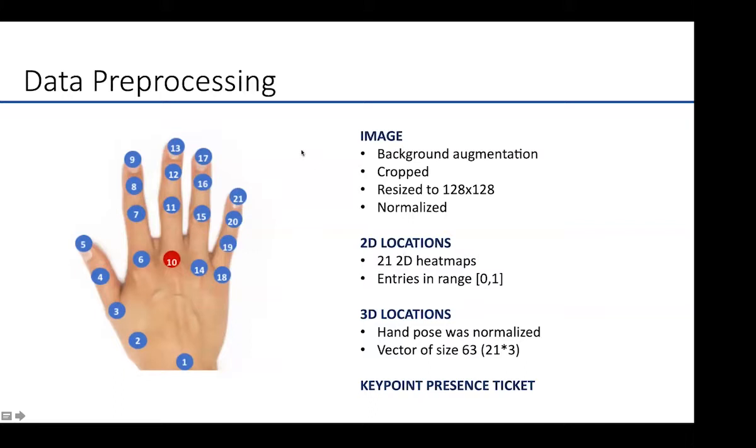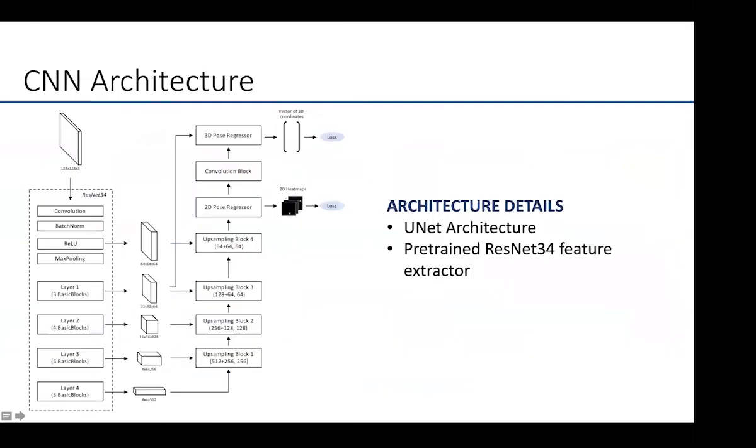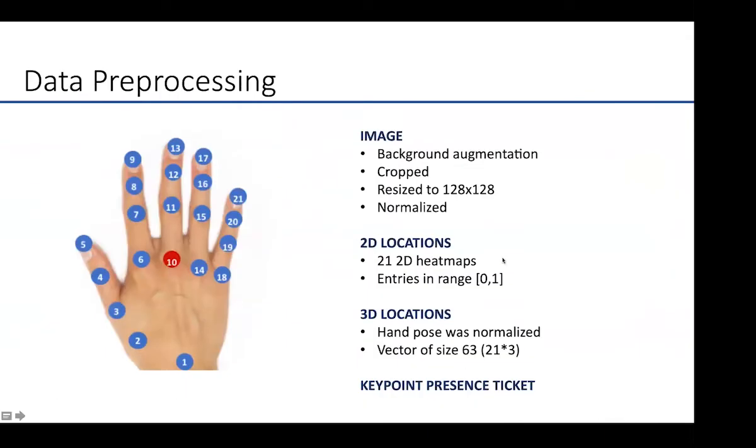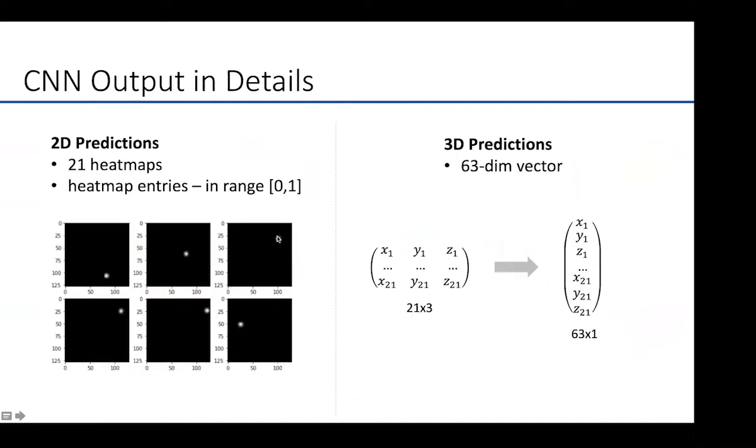Next, the dataset has coordinates as numbers only, but I need to convert them to heatmaps. So I created heatmaps. Heatmaps are in the range from 0 to 1. To create them, you put 1 in the location of the key point, then you add Gaussian blur, and then you normalize so the maximum value will be 1, because when you blur the 1, there will be values lower than 1.